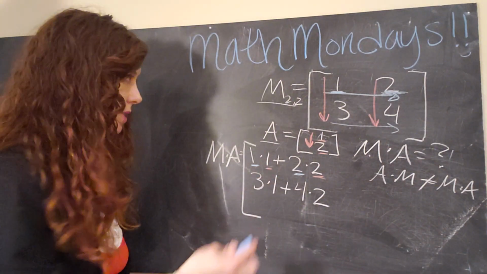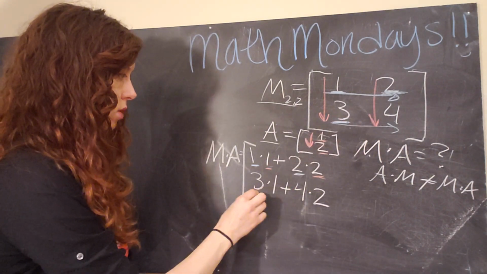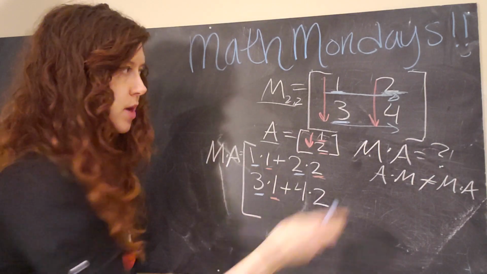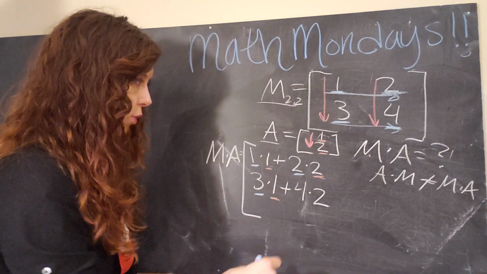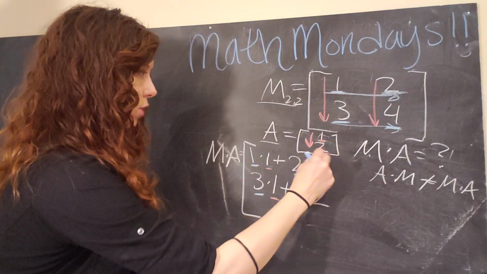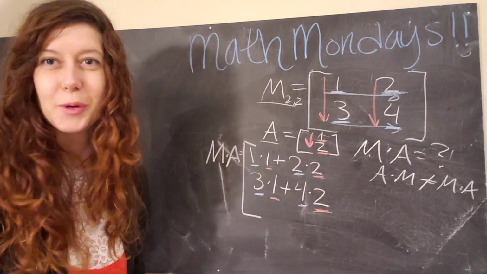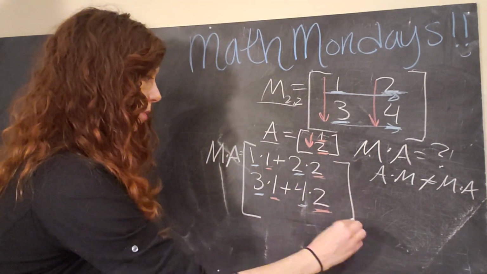Cool, okay. And then same thing for the second row. We have the first element in the second row multiplied with the first element in the first column. And then same thing, second element in the second row multiplied with the second element in, well, the only row in this case. Cool. So that is our matrix.